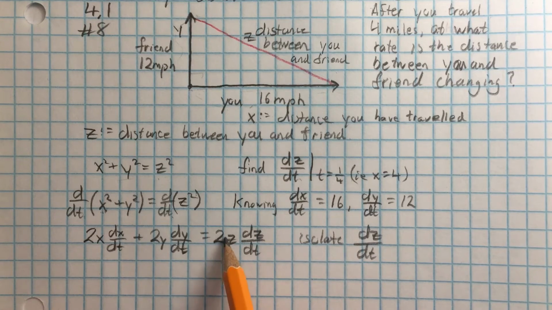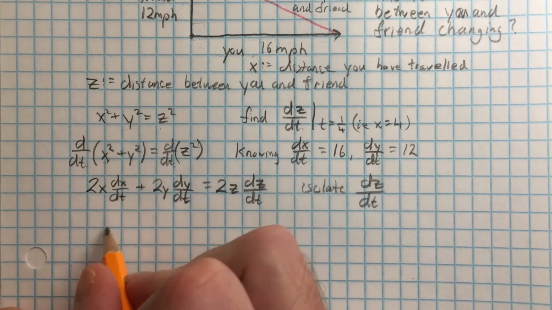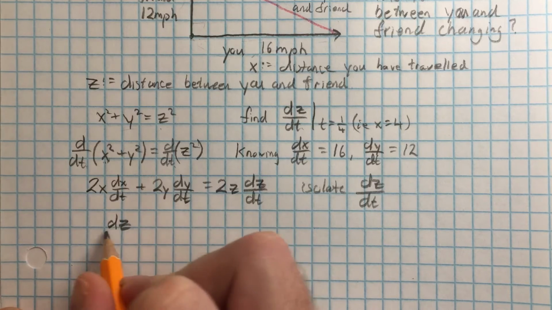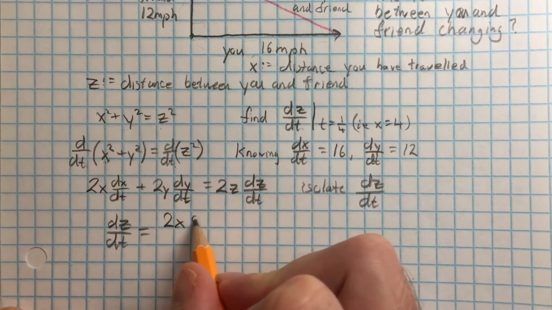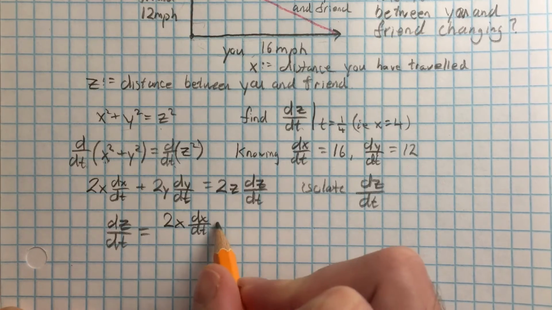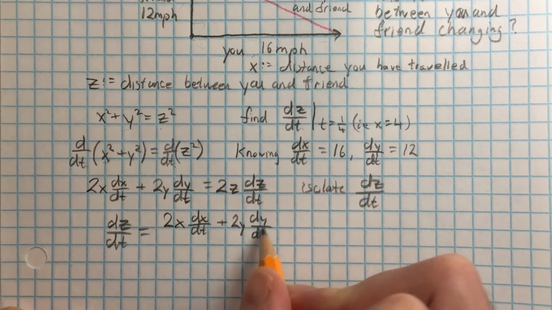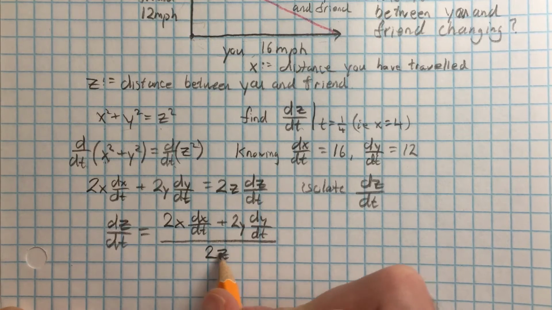It looks pretty straightforward. I'll just divide both sides by 2z, but I'm going to put dz/dt on the left just to make it look a little bit nicer. I like to have the thing I'm solving for on the left. That's just a personal preference. So dz/dt should equal 2x dx/dt plus 2y dy/dt over 2z.